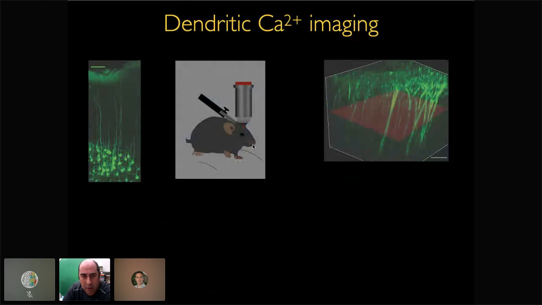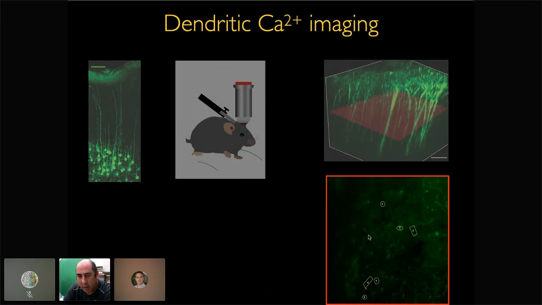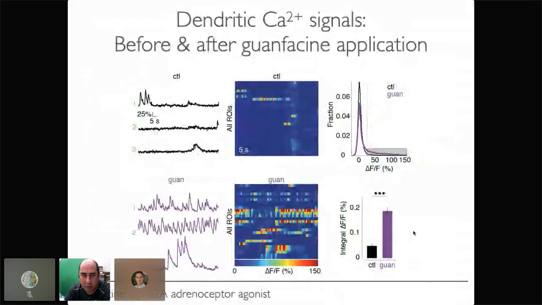The mouse is walking on a treadmill, and we do calcium imaging from GCaMP in layer 5 pyramidal cells in barrel cortex, and we see the dendrites, we can trace them, and then we can pick a region of interest at some plane of focus around the branching points where we know that calcium spikes happen, and then we look at the calcium signals in this region of interest, and we see calcium activity. It's not very common, but from time to time you see these big calcium events in the dendrites.